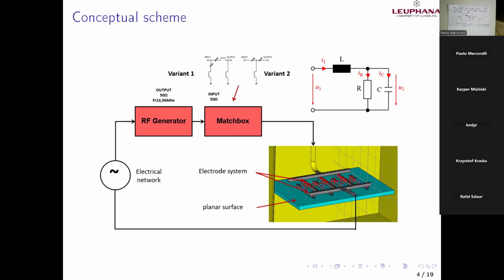I don't need to go in depth with this matchbox, even though the matchbox, as I told you, is something which adapts the output impedance of the RF generator to the input impedance of our system, which consists of capacitors. In this case it could be also just one, depending on what we want to desiccate.